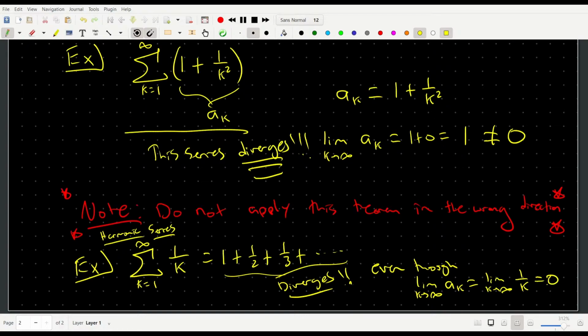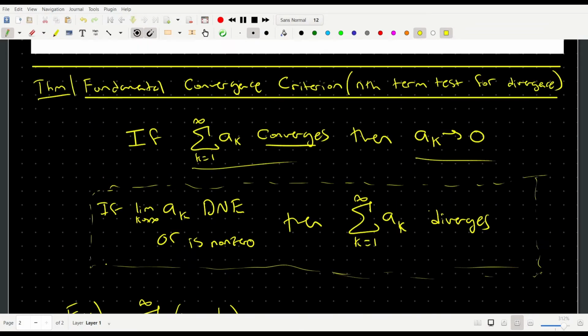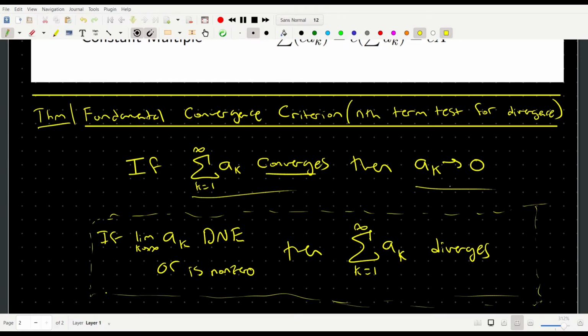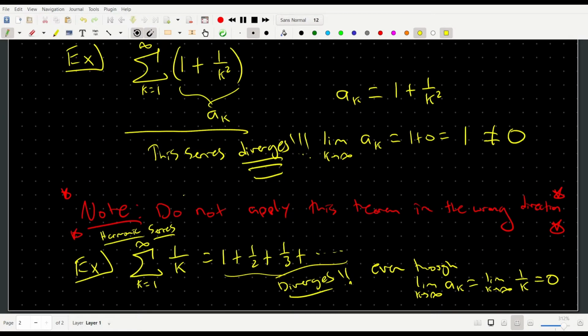So you want to be very, very careful. This test can be used to prove the divergence of a series, but just because the terms in a series go to 0, it doesn't necessarily mean that the series converges. So you need to be very careful that you don't apply this theorem in the wrong way.